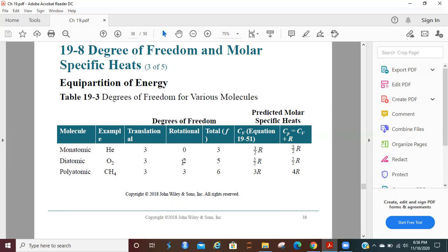However, for a diatomic you'll have 2 in rotation, and 3 for a polyatomic. If you add all of those together, you end up with a total number of degrees of freedom. And then your specific heat with respect to volume is going to change accordingly, and the specific heat with regards to pressure will also change.